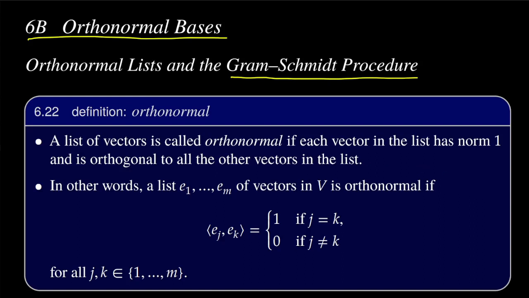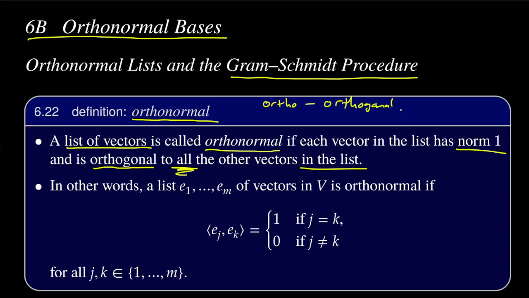First off, let's define orthonormal. We'll say that a list of vectors is an orthonormal list if each vector in the list has norm 1 and is orthogonal to all the other vectors in the list. So the idea of it is there's two parts. Ortho, this is the orthogonal bit.